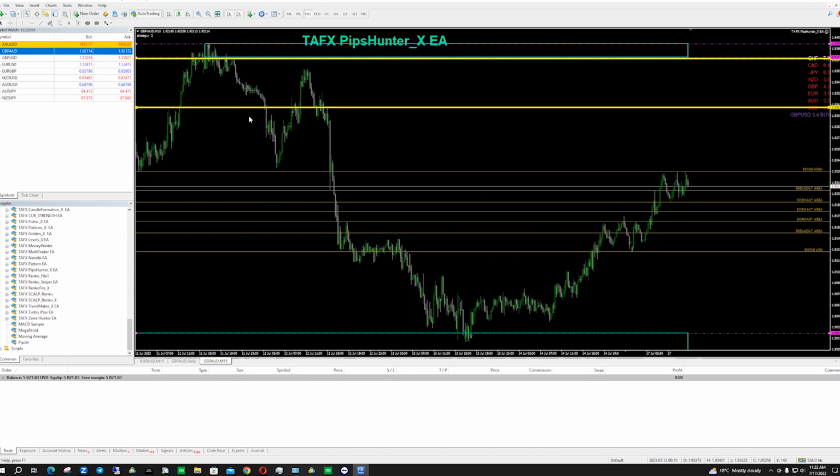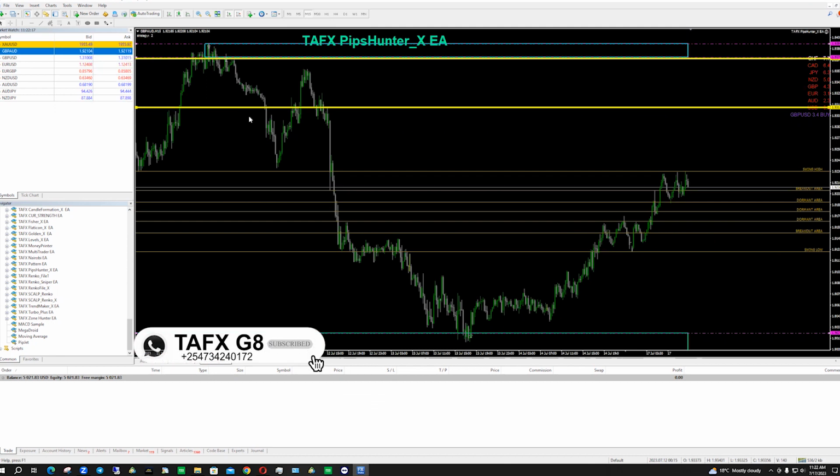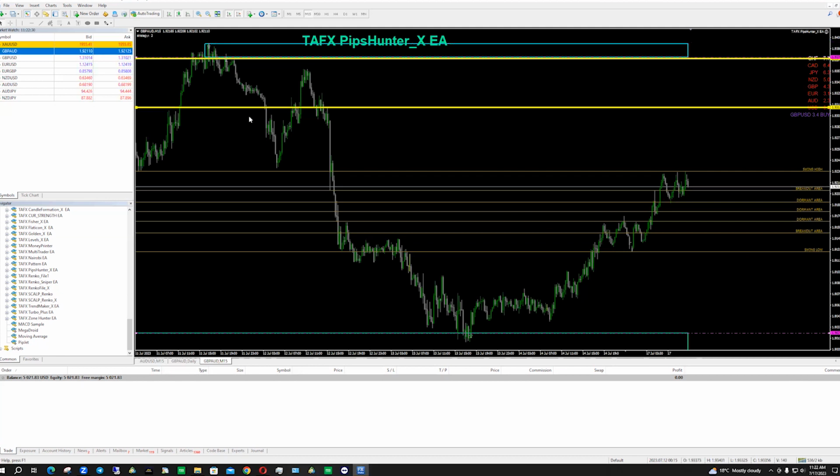That is the best thing when you know how to work with this system, working from the key zones. Losing 1 trade, winning 1 trade, you are still in profit. So all you need to know here is to use good money management. From there, you are good to go. Trust me, you'll make a lot of money.